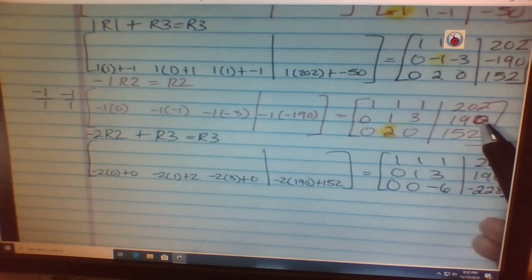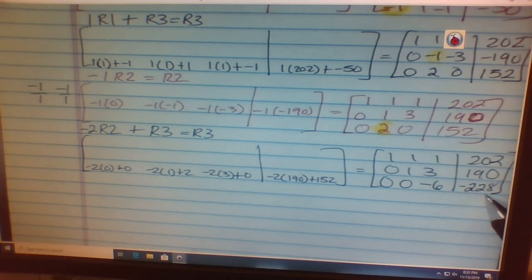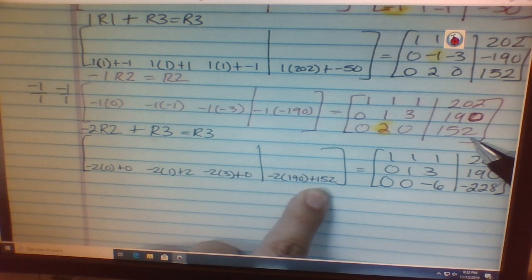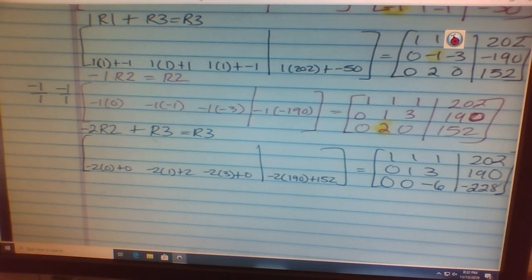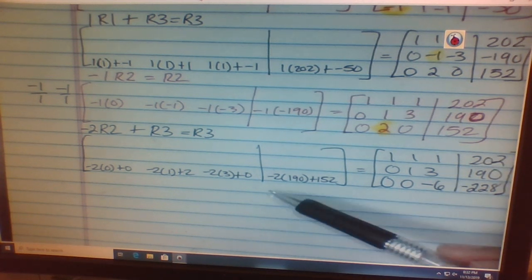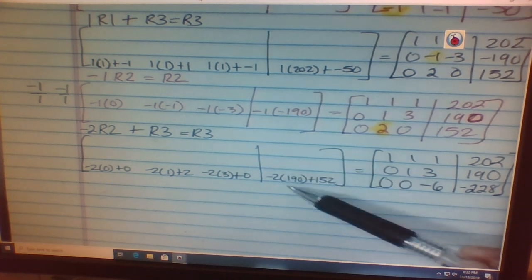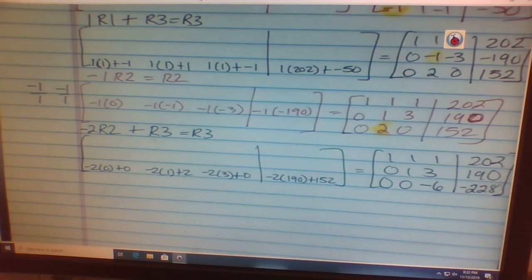I thought -2 times 190 came to -228. So it's -2 times row 2 plus 152. Right? What did you multiply -2 by?